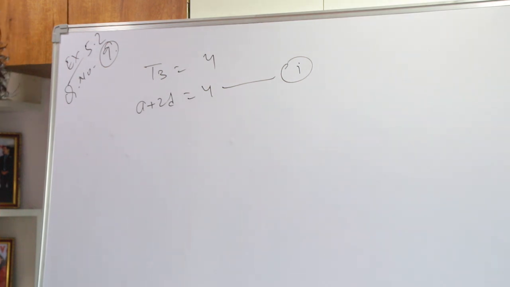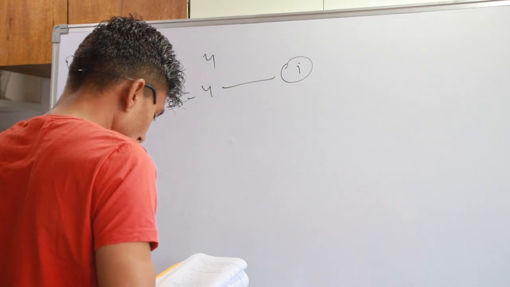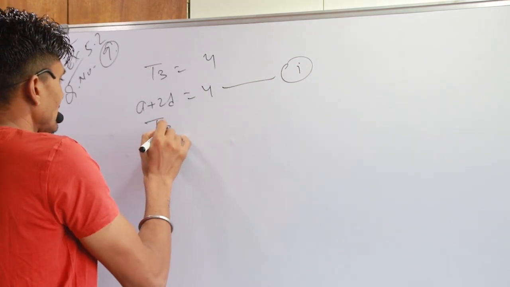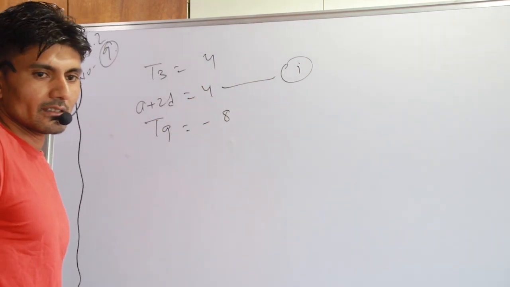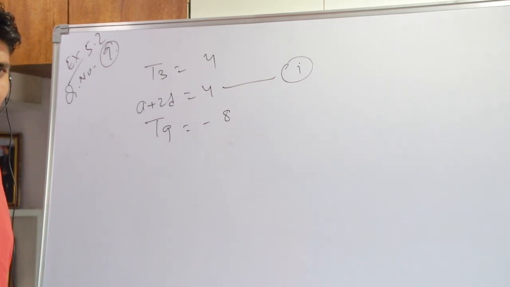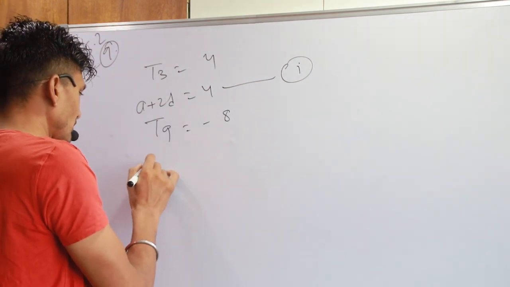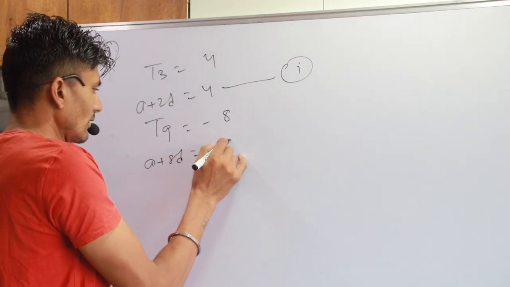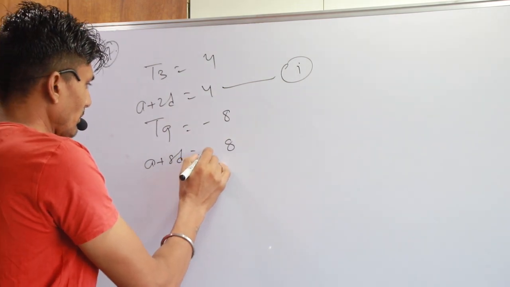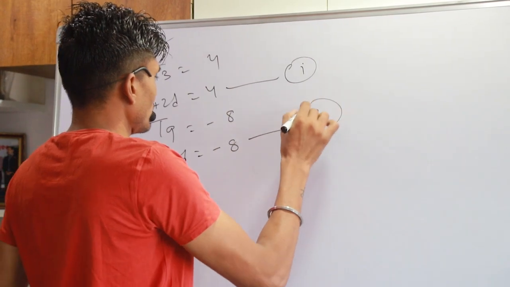And next, the 9th term of the AP is minus 8. T9 is equal to minus 8. So we have to write A plus 8D equal to minus 8. That is equation number 2.